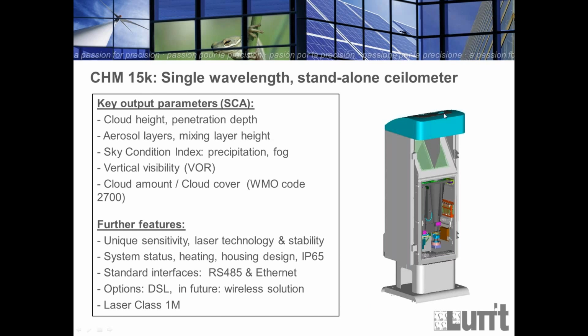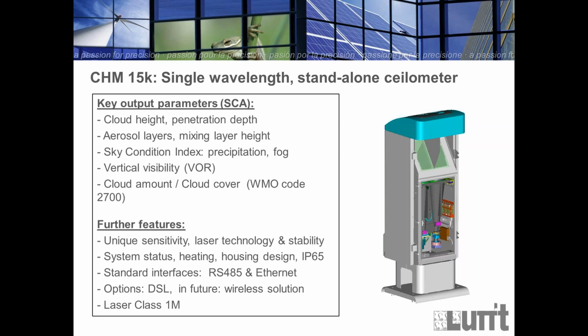So then we start with these key features of the instrument, which everybody should know. These are, first of all, the output parameters, so the parameters measured by the instrument. Of course, a Ceilometer should deliver the cloud heights, multiple cloud heights or only the base cloud level.